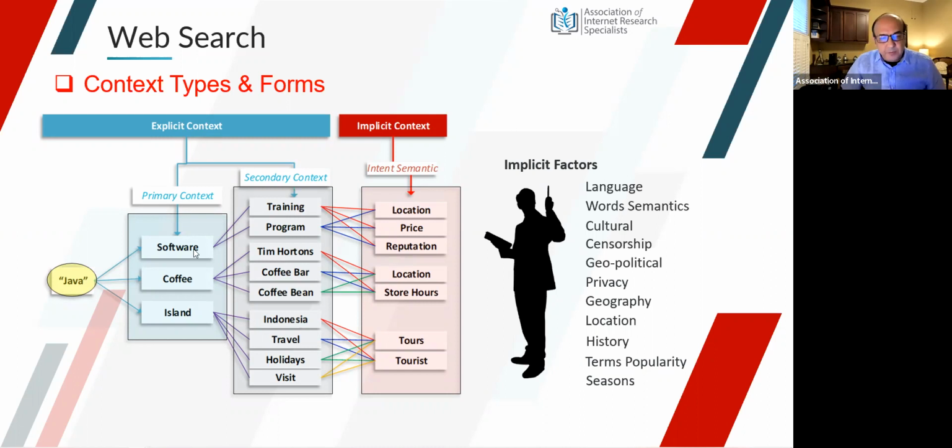So when we come back to the first one, which is software training, you would see that at the time when the training part is inserted into your query, certain results are coming based on location. So it is going to give you the location of the geographical area where you're searching from.